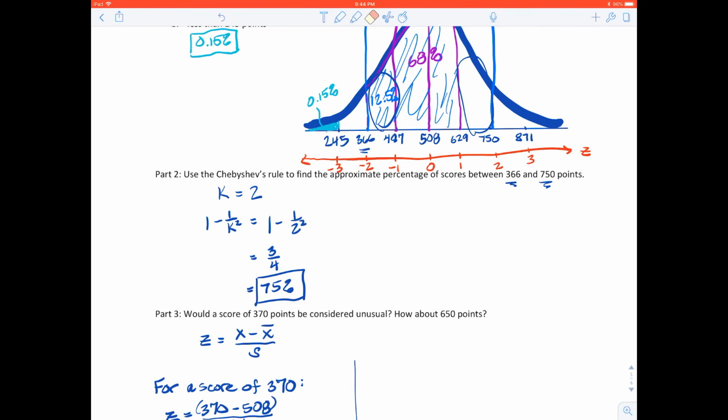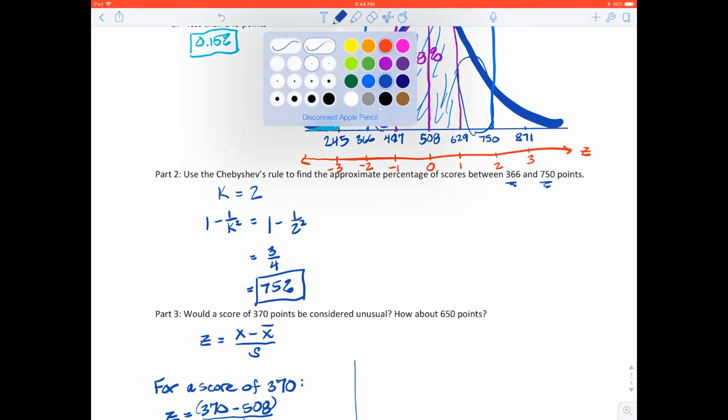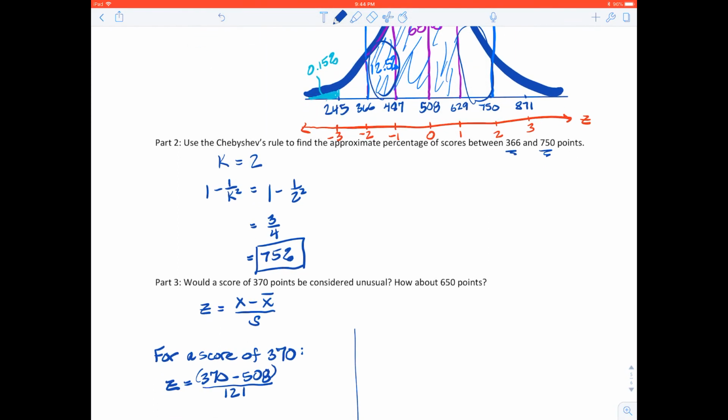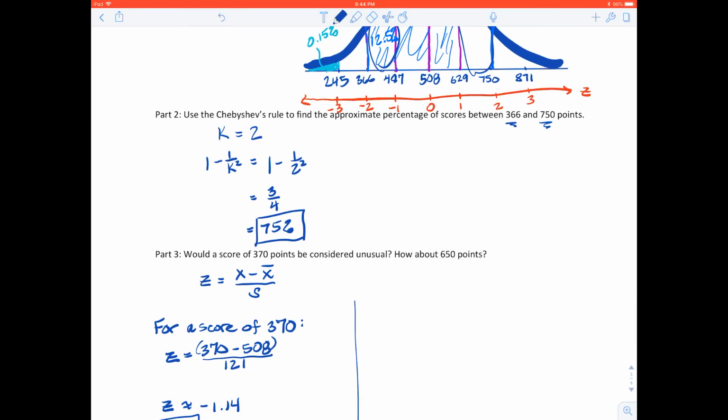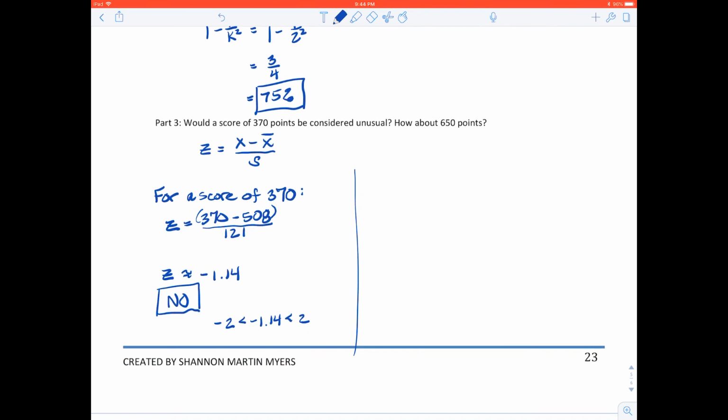That's one way to look at it. You can eyeball it, but then you can also get the exact score.